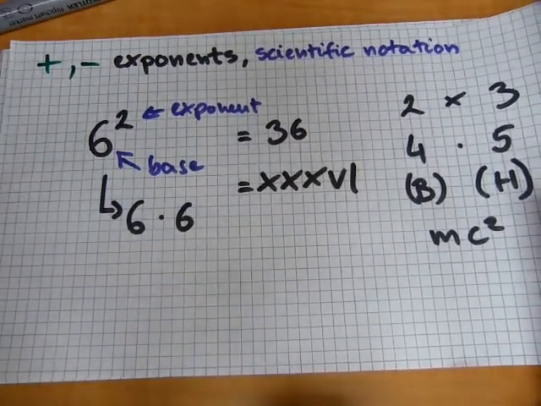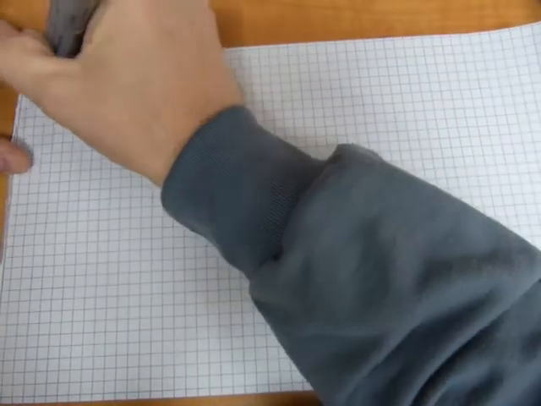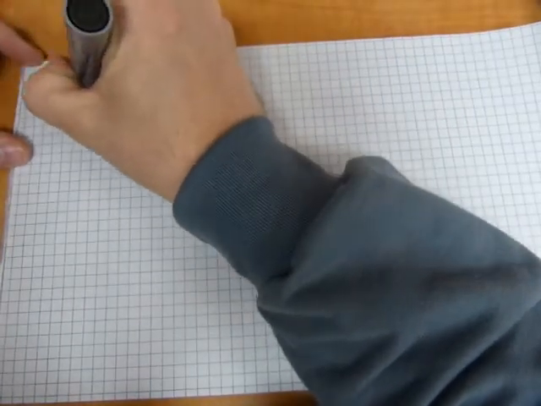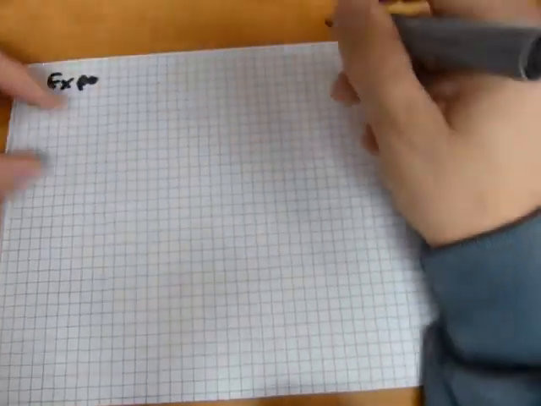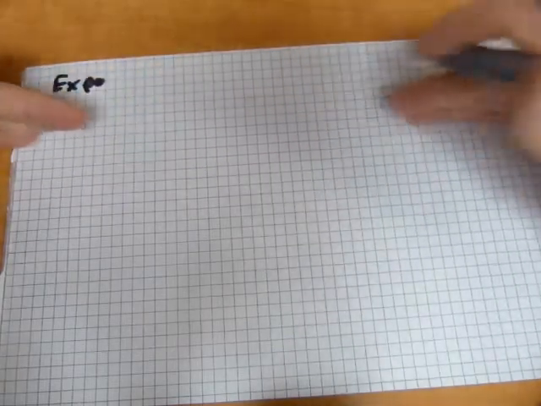Now, negative exponents are coming up, and I'm going to write on this sheet numbers in 3 columns. This will be the column for an exponential format. I'm just going to write the exponential form of the same number. It's going to be the same number from line to line to line. Okay?